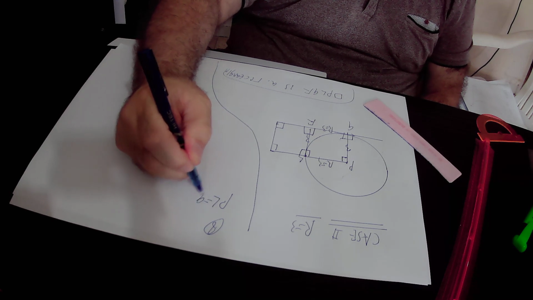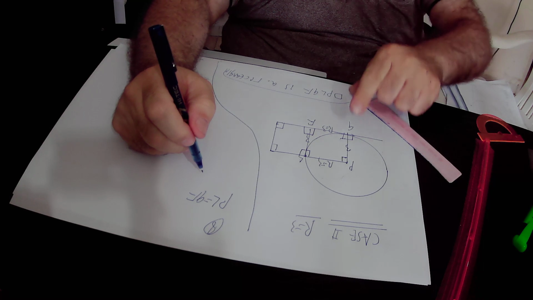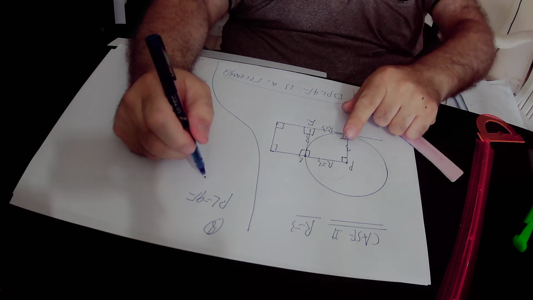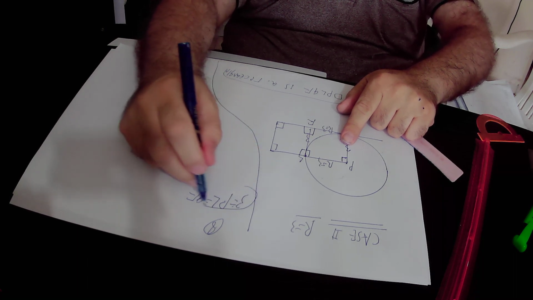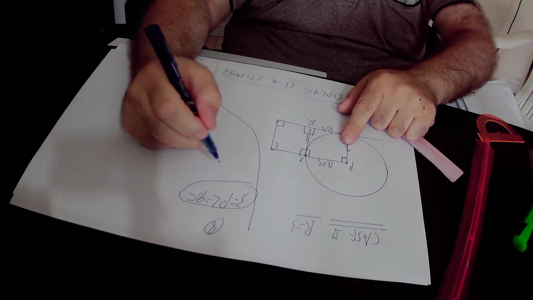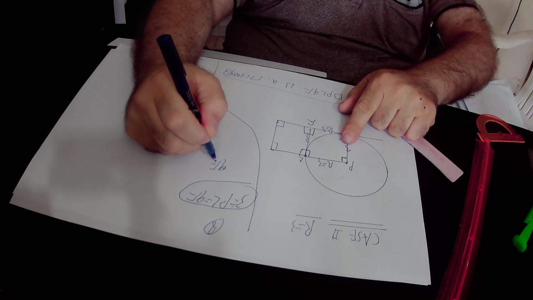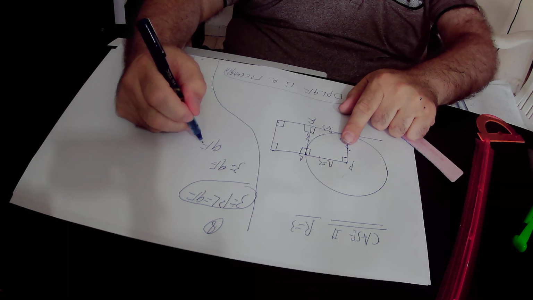PL equals QF. But here, PL is the radius of the circle that is equal to 3 units. So from this equation, 3 equals PL equals QF, we derive that QF is also equal to 3 units.